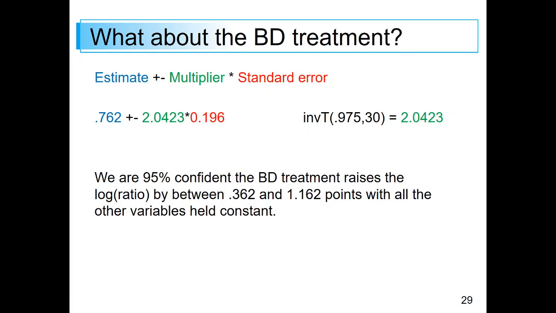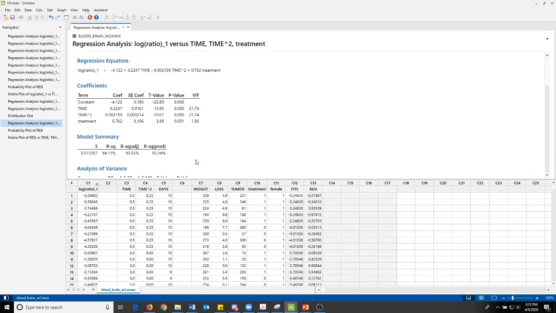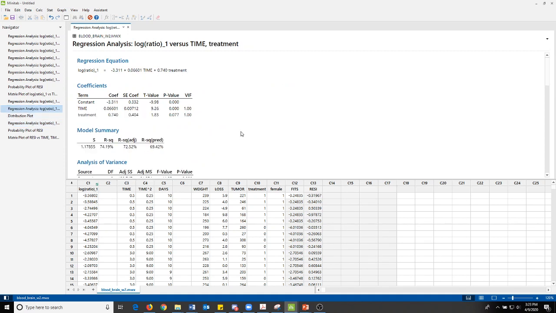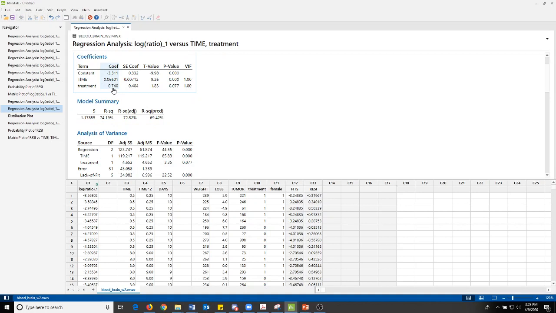Now, let's look at something very interesting at number 5: do a regression with only the predictors time and treatment. So let's go back and take a look at this one. If I only do a regression analysis with time and treatment, notice what my coefficient is. It's still about the same, 0.74. But if I look at my p-value then, it's 0.077. So I would not reject that this has no effect.